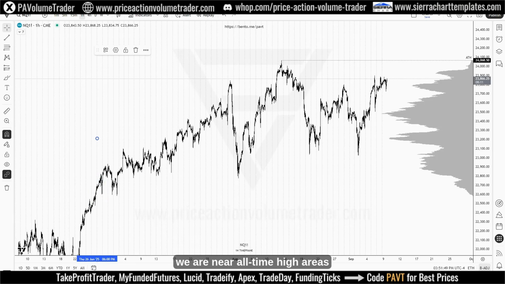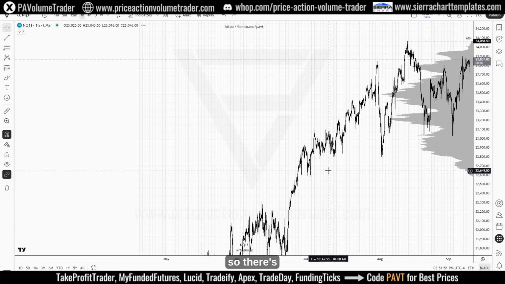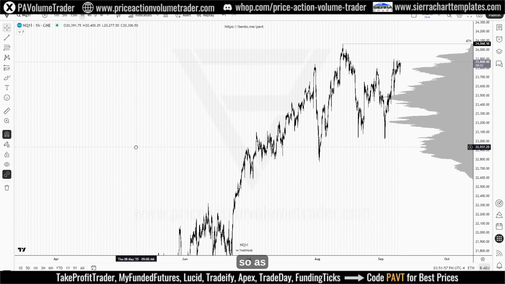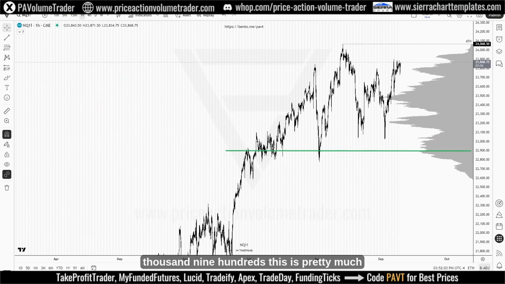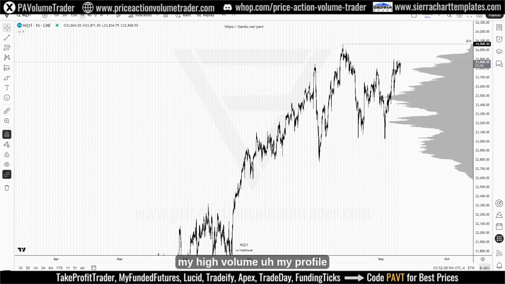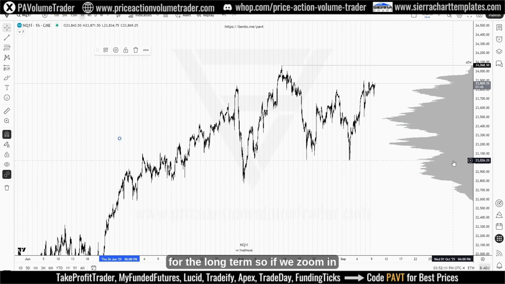We are near all-time high areas. So there's really nothing here on the left. So as long as we are above this 22,900s, this is pretty much the area that I'm focusing on to establish my high volume, my profile for the long term.